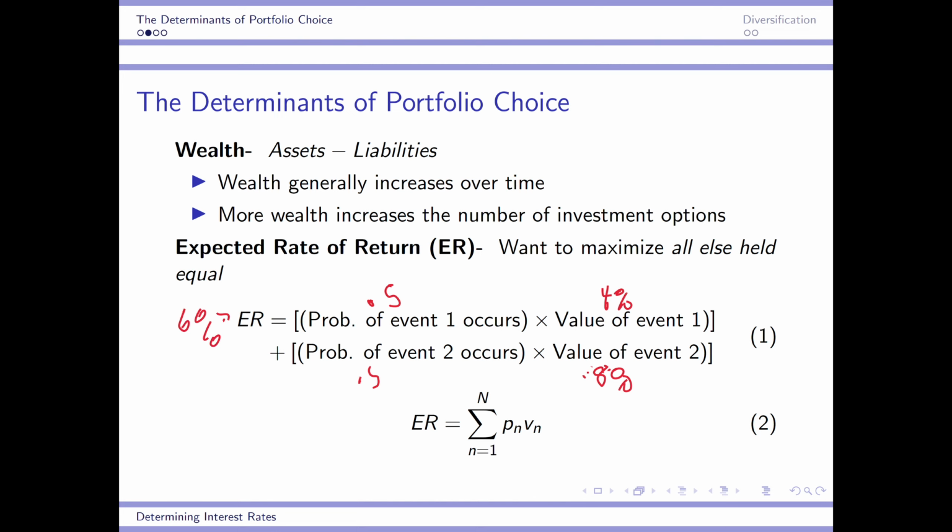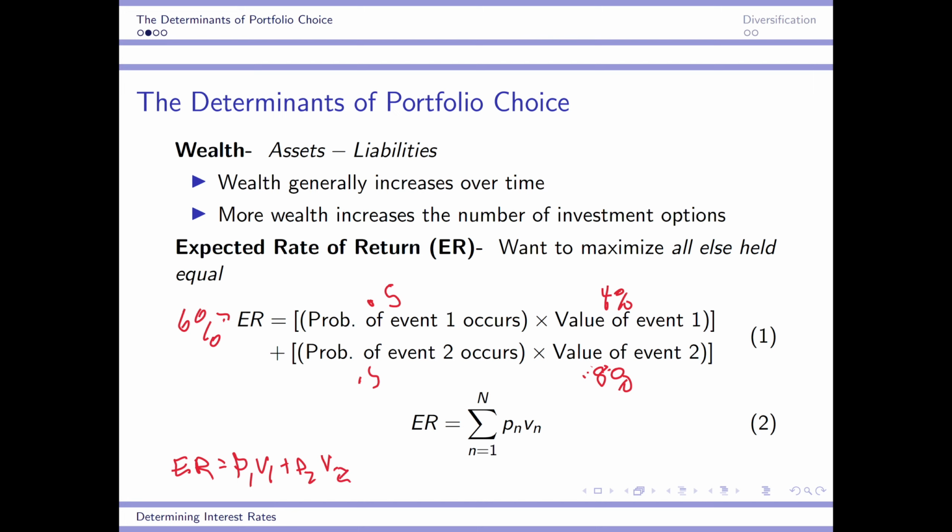And in equation 2, we say the exact same thing, just in this more generic notation that I'm trying to get you guys used to. It just says that the expected return is equal to the sum of all possible probabilities of an event occurring times the associated value of them occurring. So using the example above, the expected return can just be extended out to equal P1 V1 plus P2 V2.